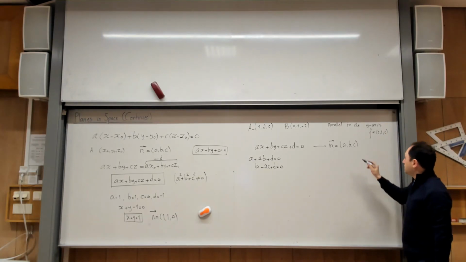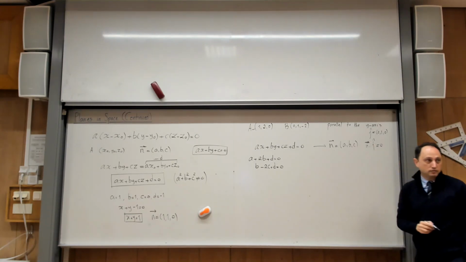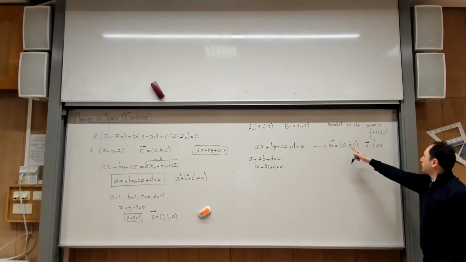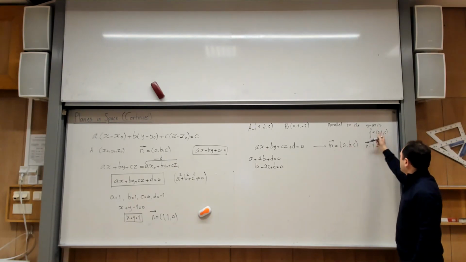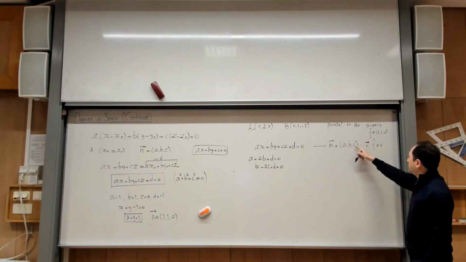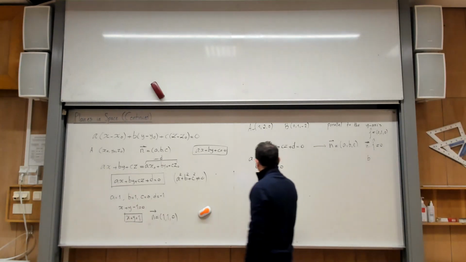So this means that n dot j should be what? 0. And then you just dot product them. A times 0 is 0, B times 1 is B, C times 0 is 0. If I add them, it becomes B, and B is equal to 0. So I put B equals 0 here.